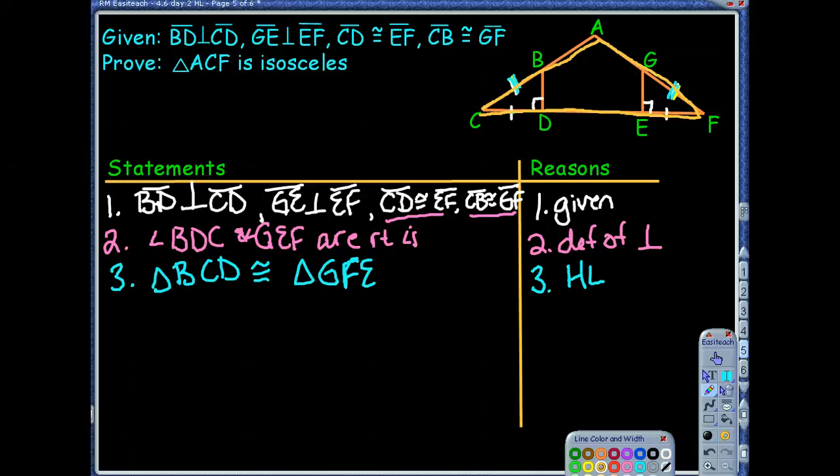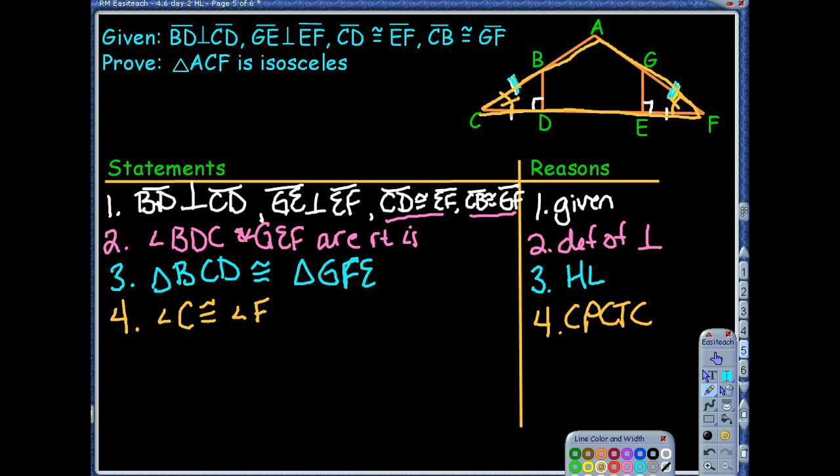Right. So I need to feed off what the two smaller ones have in common with the larger triangle. And I noticed they share angle C and angle F. Okay. So I know that since those two smaller triangles are congruent, angle C and angle F are going to be congruent. That's because of CPCTC.